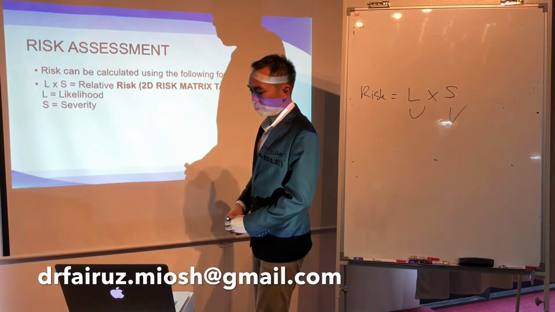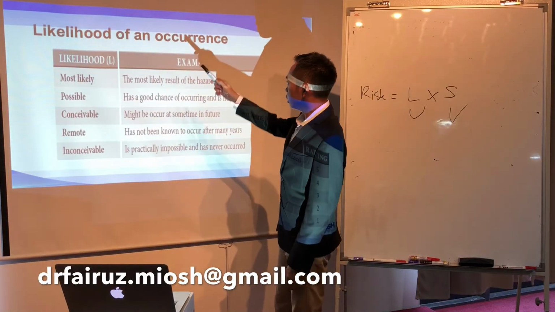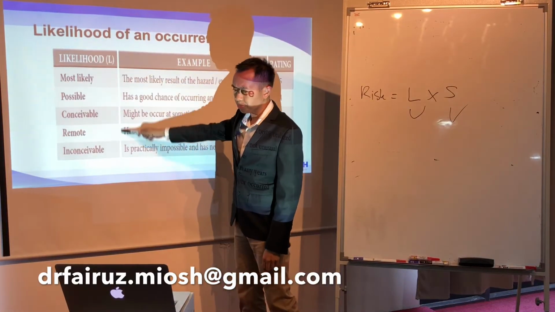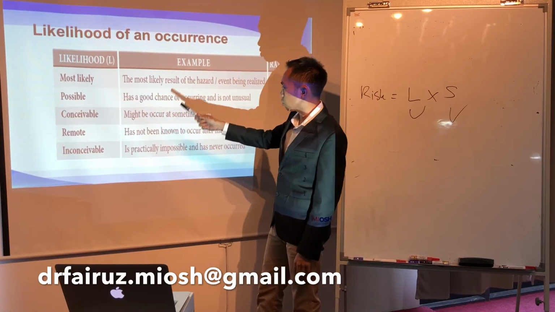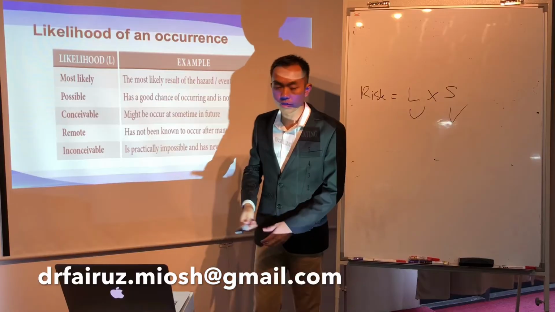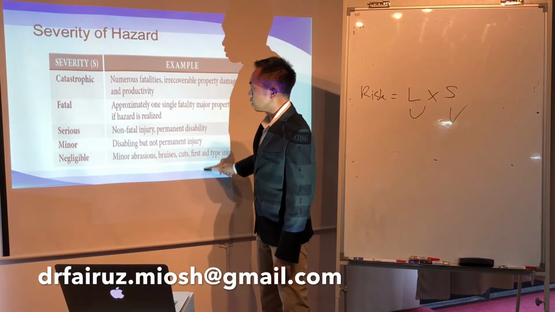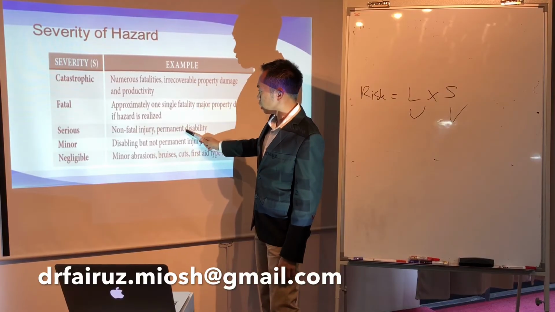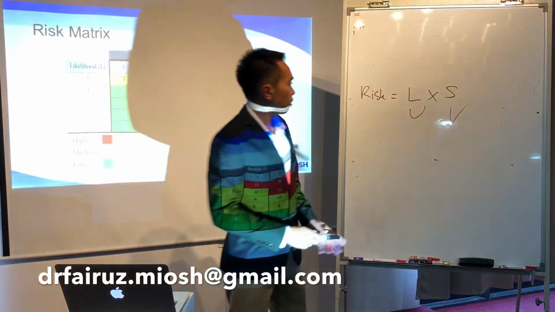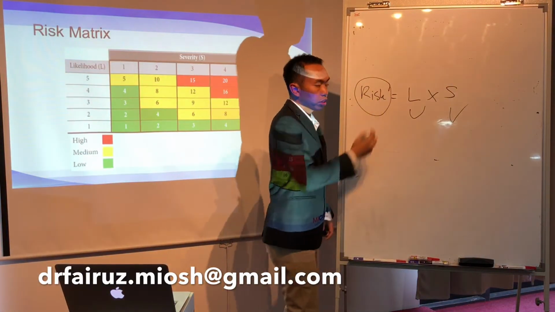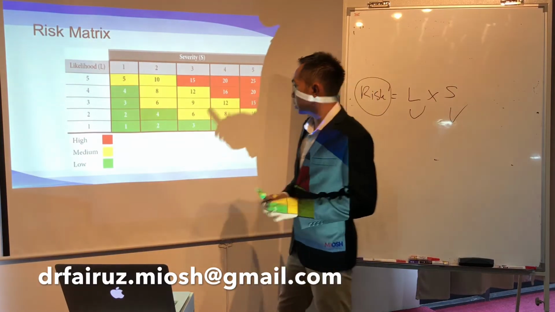So these are the formula. These are the categories of the likelihood in your risk assessment: most likely, possible, conceivable, remote, and inconceivable. This is the severity table: catastrophe, fatal, serious, minor, and negligible. So for the risk matrix, we follow likelihood times severity based on your table.